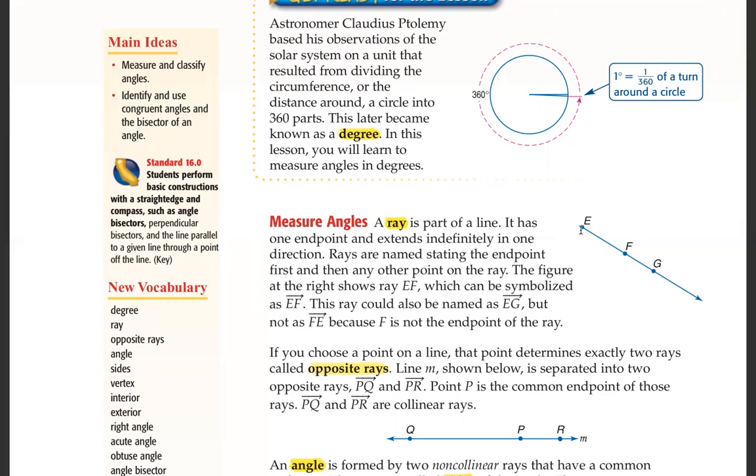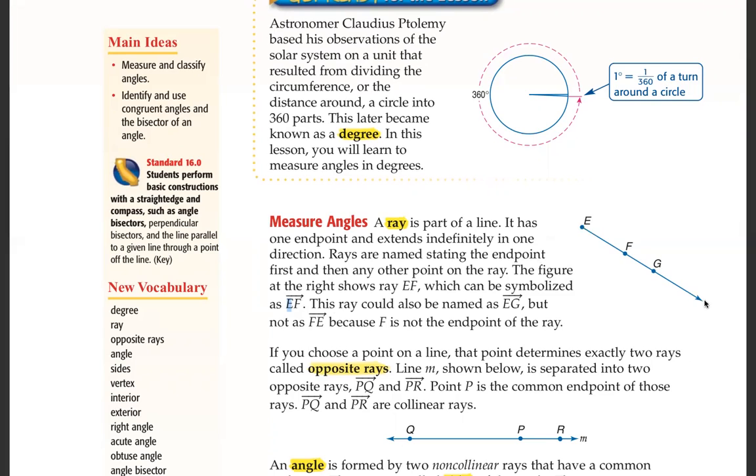From one point, we always start with the endpoint. When you name a ray, the first letter should be the letter that corresponds to the endpoint, and then the second letter will be any letter on that ray, as long as the other end is an arrowhead.